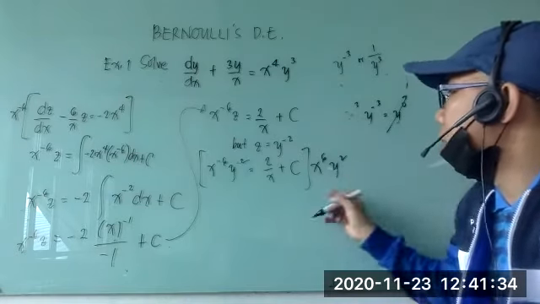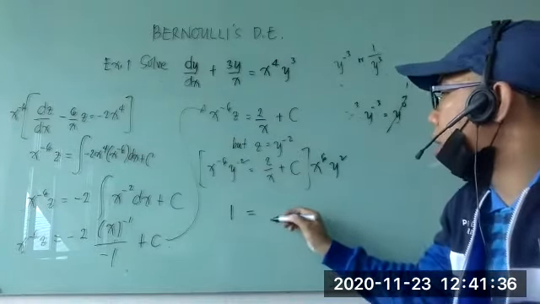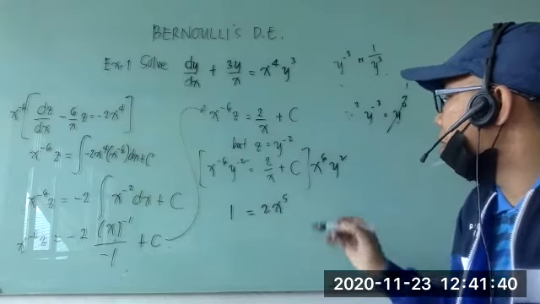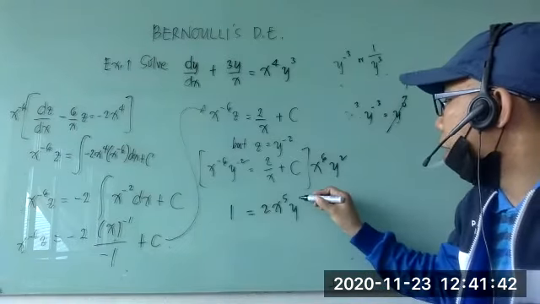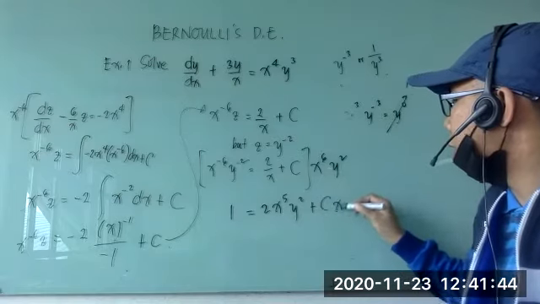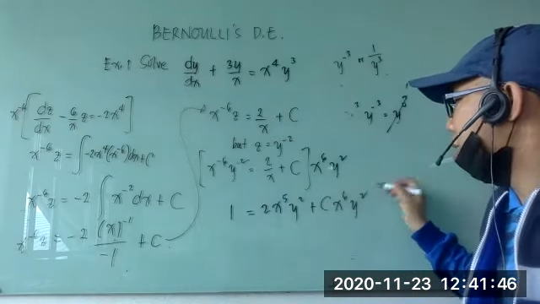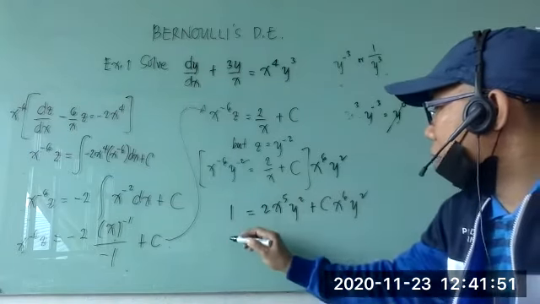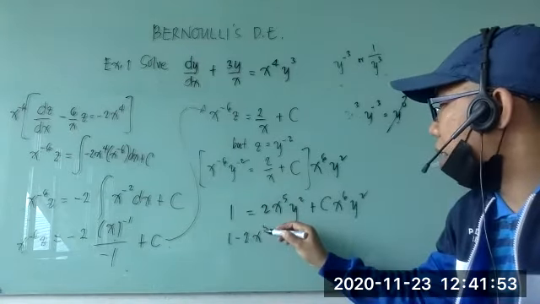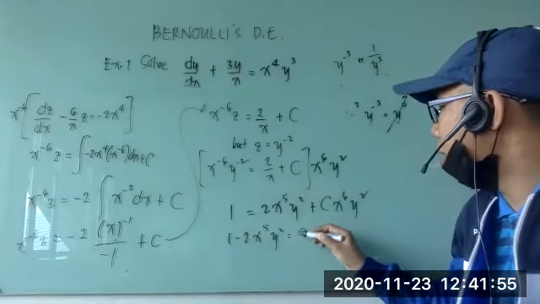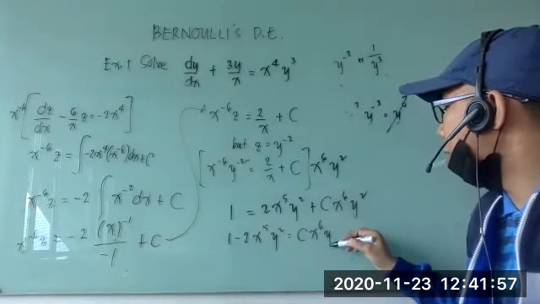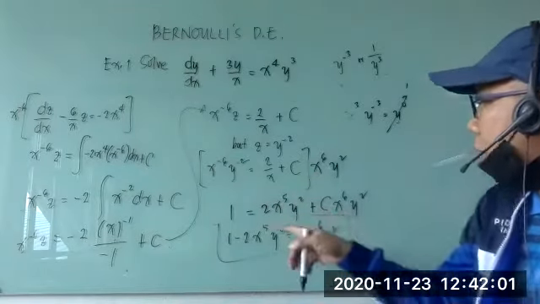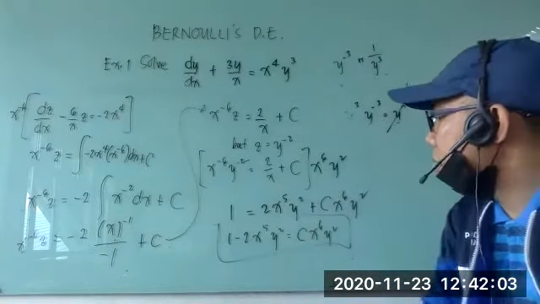So this becomes 1 equals, of course, 2x raised to the fifth y squared plus c x raised to 6 y squared. Okay, now your answer will be 1 minus 2x raised to 5 y squared equal to cx raised to 6 y squared. Or you can arrange it in a form that you can factor out one of the variables there.